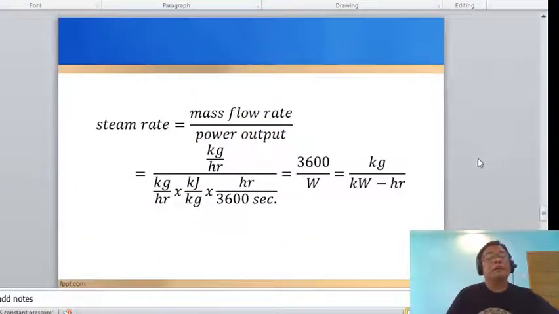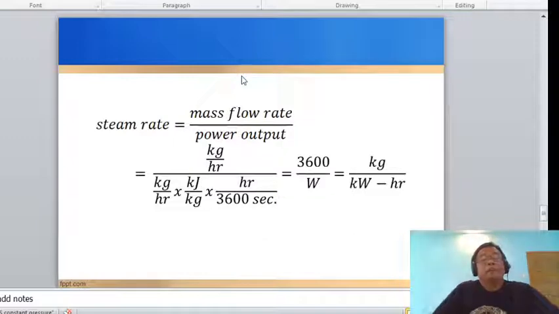For the steam rate, from the basic definition, it is the mass flow rate divided by the power output. Substituting the units so that it can be easily analyzed, the mass flow rate is in kilogram per hour. The power output equals the kilogram per hour multiplied by the change in enthalpy in kilojoules per kilogram.